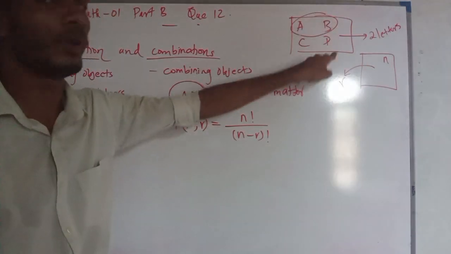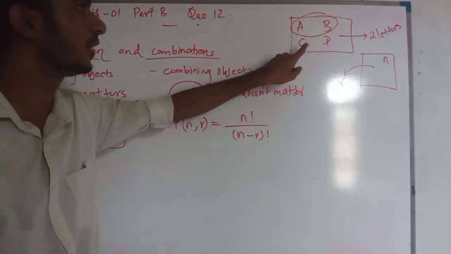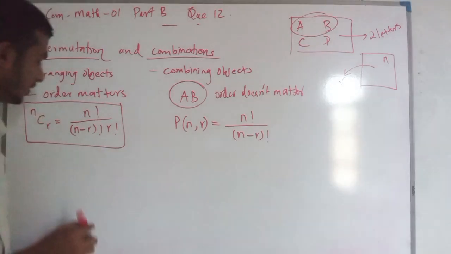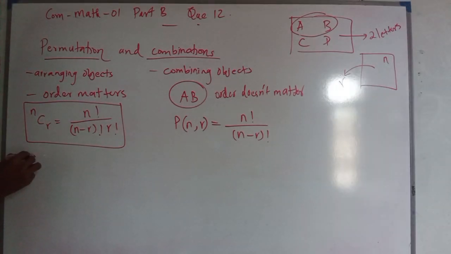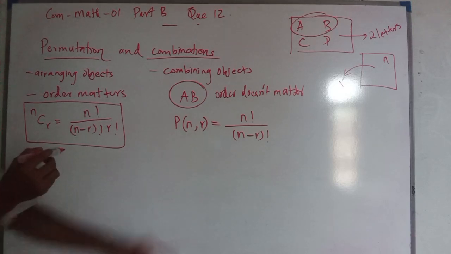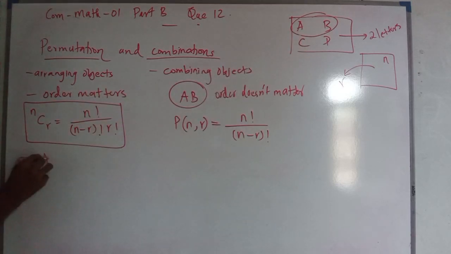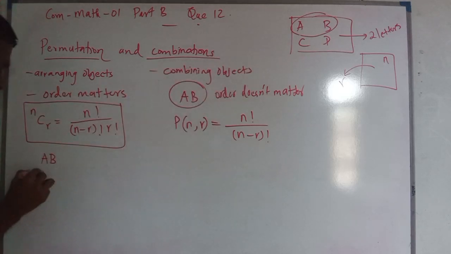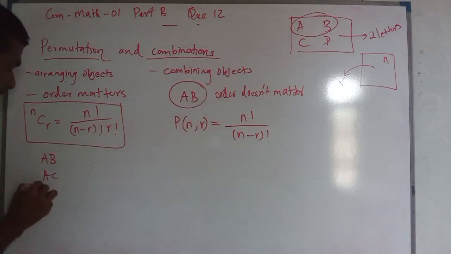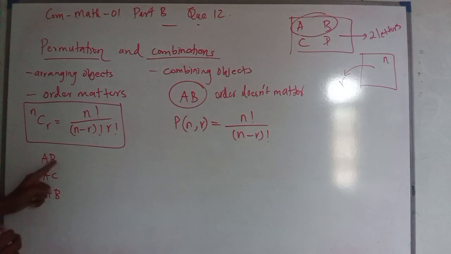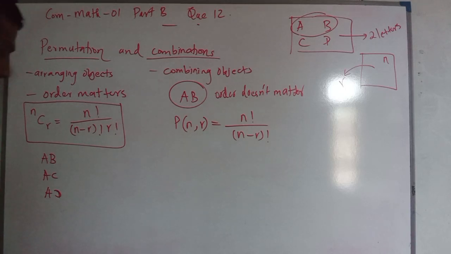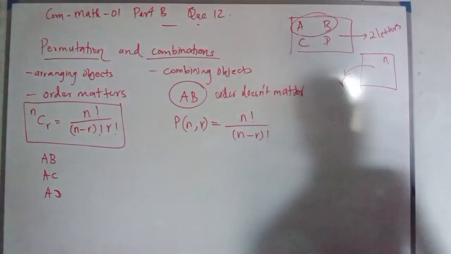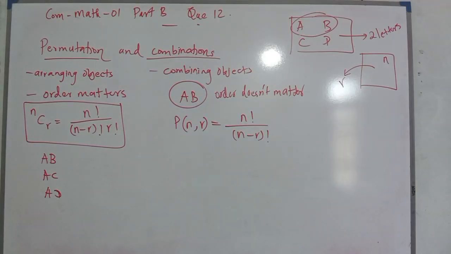Now let me consider this example, where I have 4 letters and I have to pick 2 letters. With A, I can take B, C and D: AB, AC, AD.